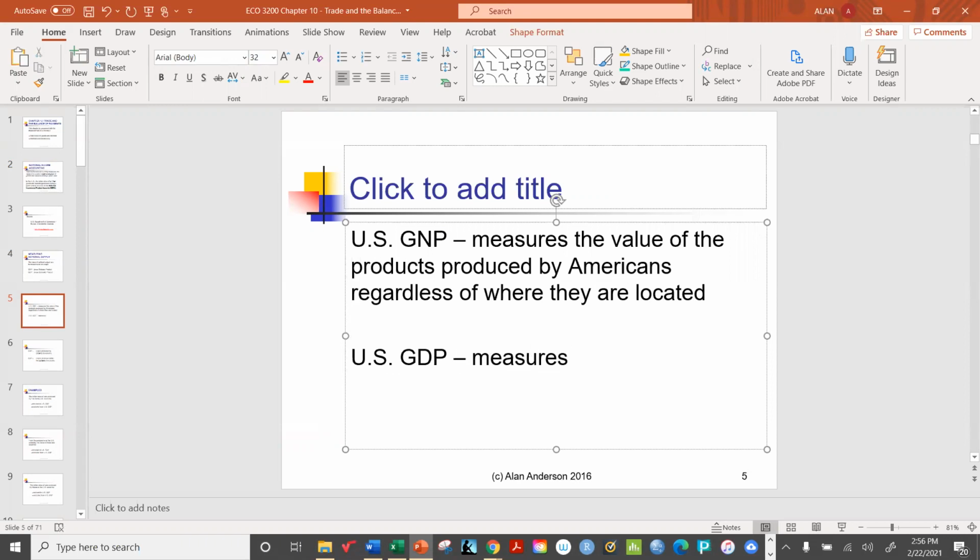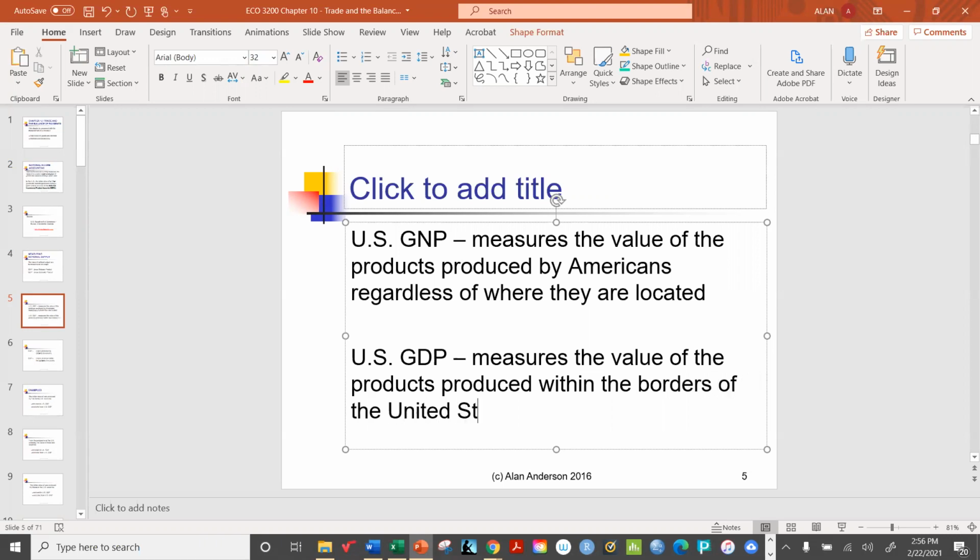measures the value of the products produced within the borders of the United States, regardless of who produces them.